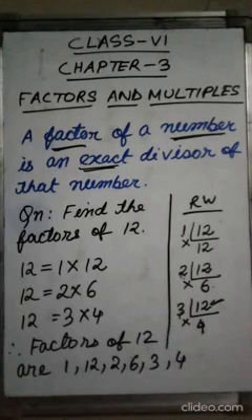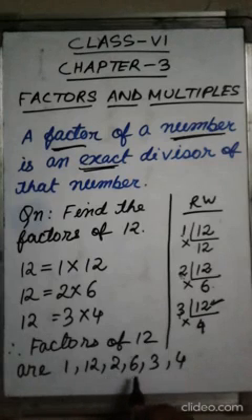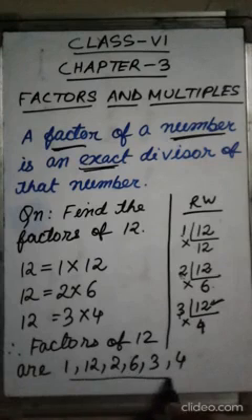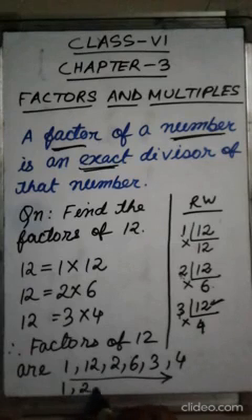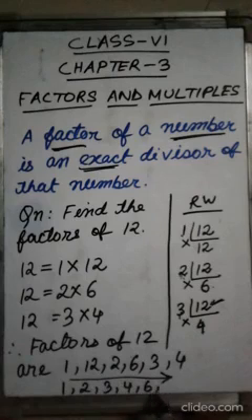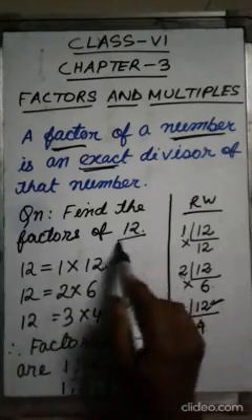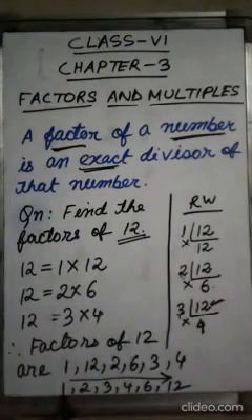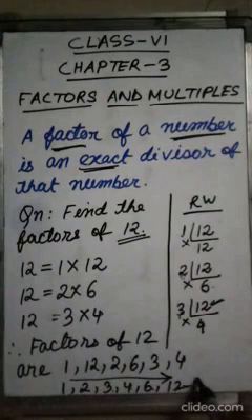If we write them in ascending order, it will be 1, 2, 3, 4, 6 and 12. Therefore, the factors of 12 are 1, 2, 3, 4, 6 and 12.